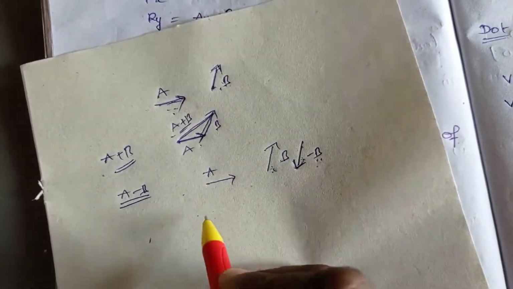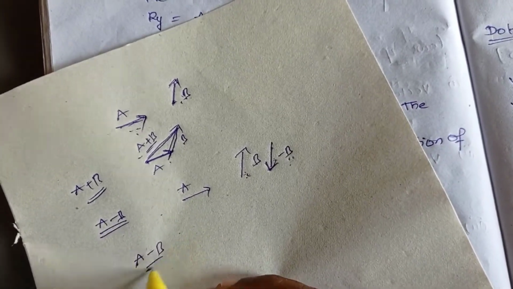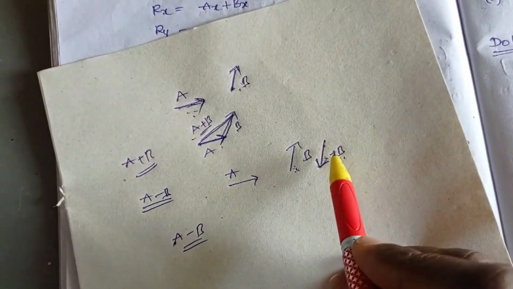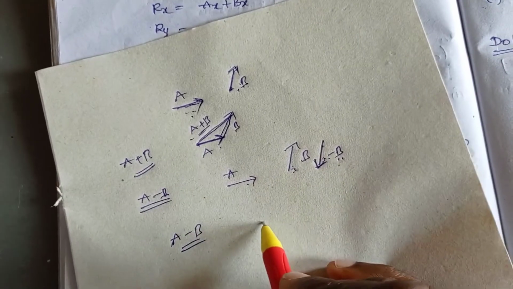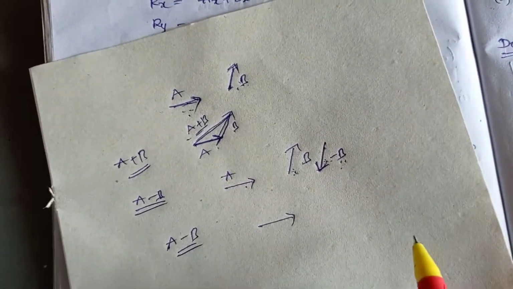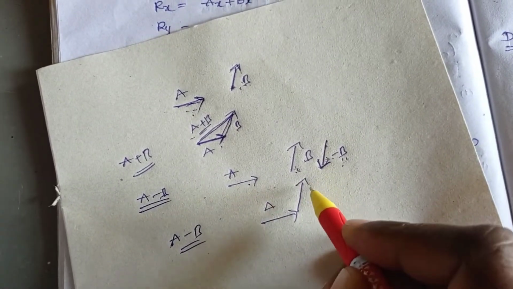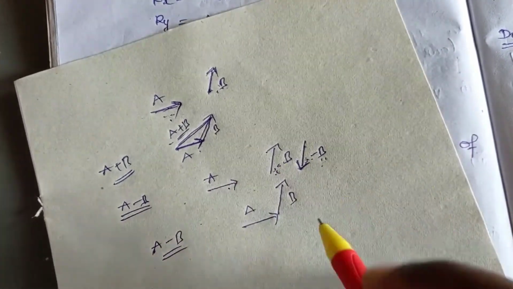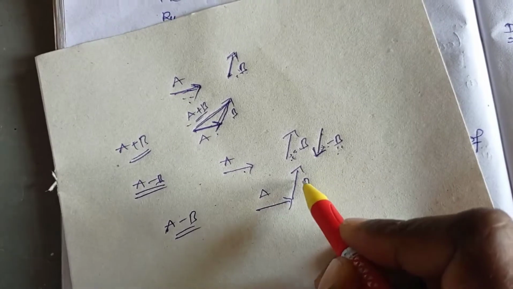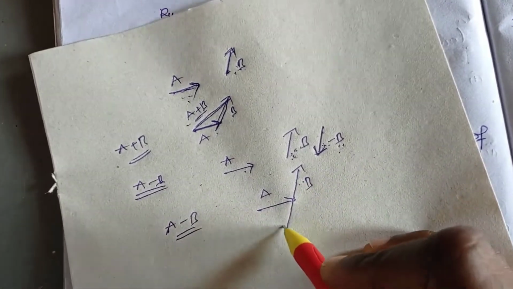Now I am taking A minus B here. How can we subtract vector B from vector A? Observe carefully. This is vector A, this is vector B. If you draw a line opposite to this one, what is this?